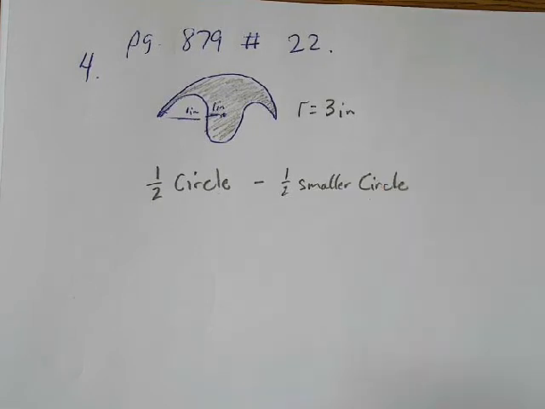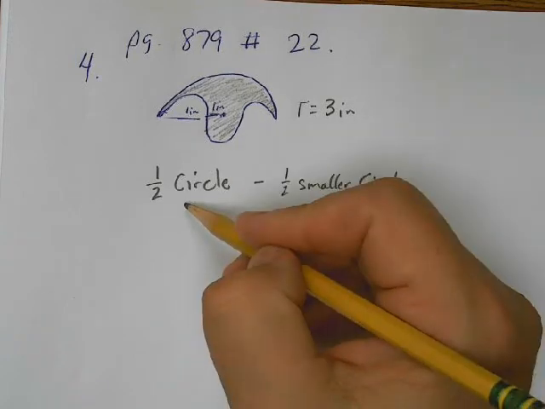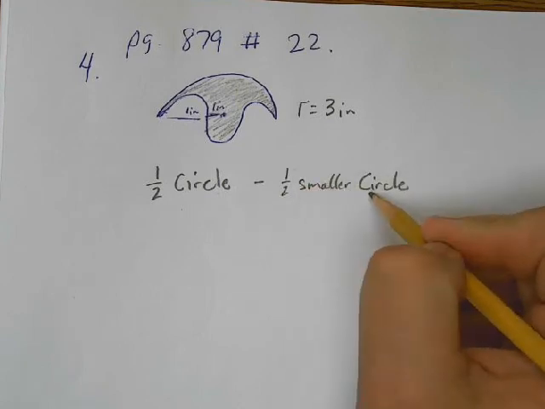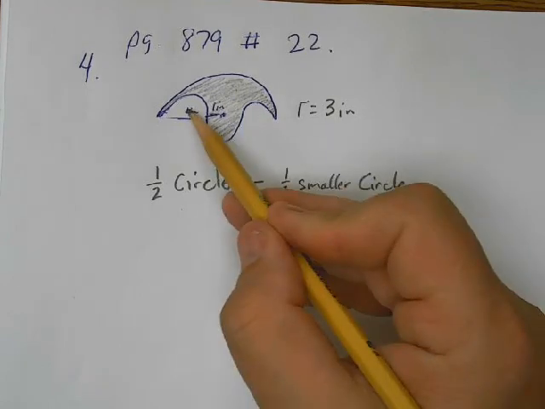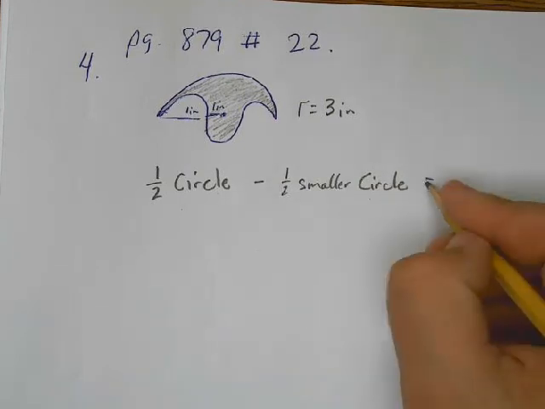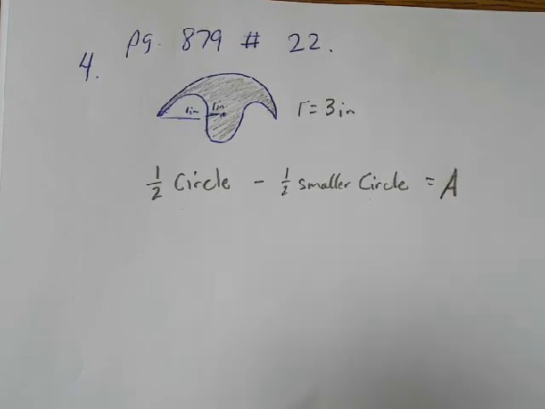Wouldn't that give us our total area? Think through it now. The whole half circle and then minus a half of the smaller circle. A semicircle is equal to 180 degrees. Hold on though, right? Everyone see that? And this is going to give me my area.